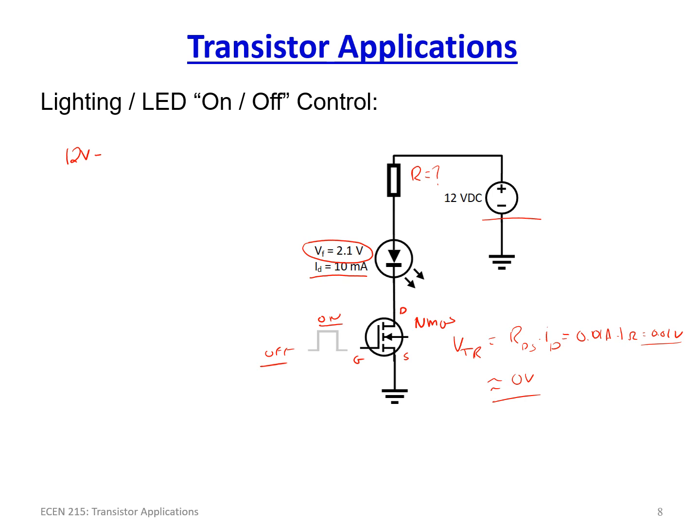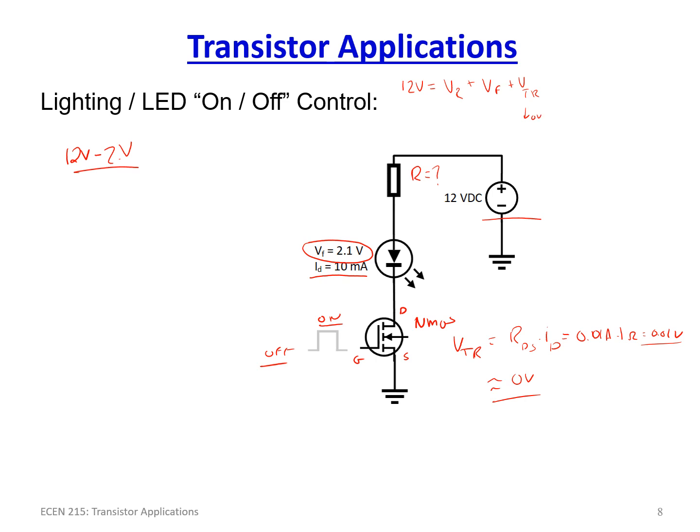VF here is 2.1 volts, so we'll go ahead and subtract that. Jumping ahead a little bit, let's just work out the mesh loop equation here. We have 12 volts is equal to the voltage drop across the resistor, VR, plus the voltage drop across the diode, VF, or the LED, plus VTR, which we just mentioned.